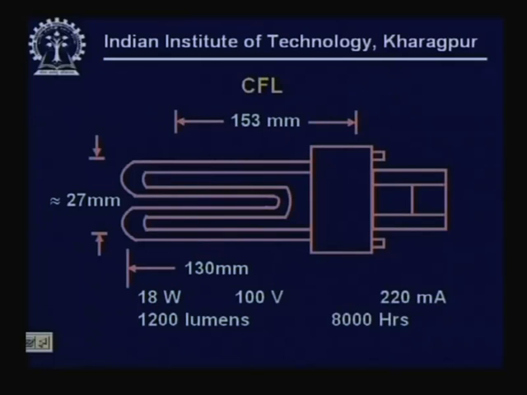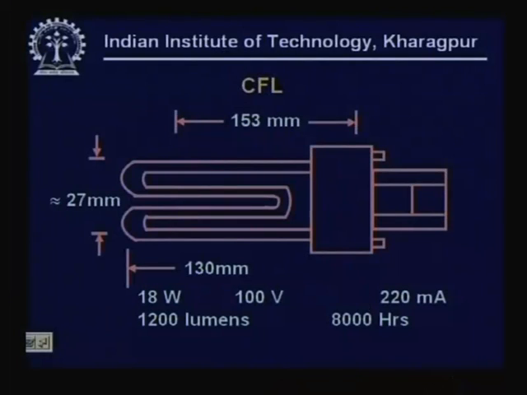Now, this shows a typical CFL with all its dimensions, to be operated on the normal 220 volt supply. The 100 volts which we are talking about here is the drop across the fluorescent element. In fact, you remember one thing we said, the light output is not a maximum at the ends of the fluorescent tube, it is a few diameters away, 5 to 6 diameters.